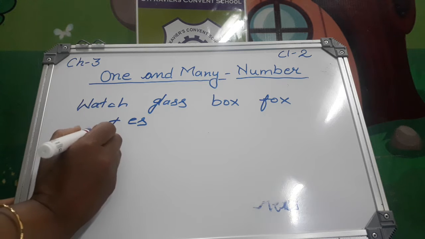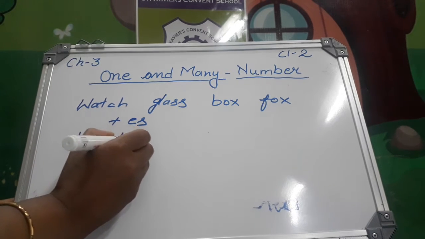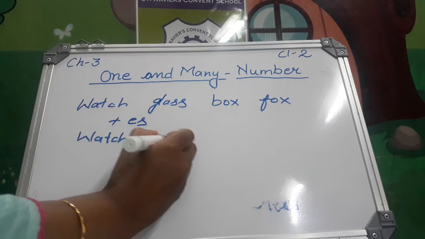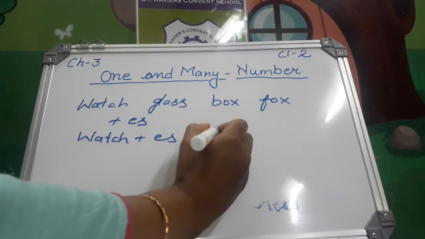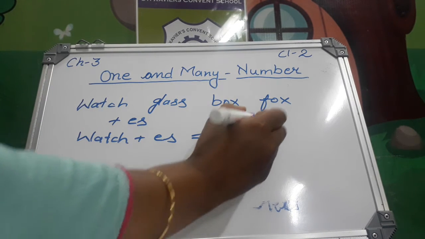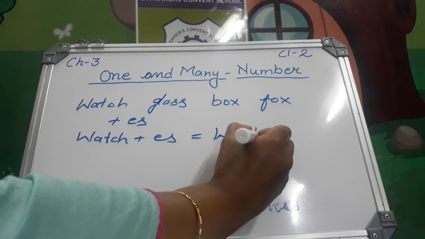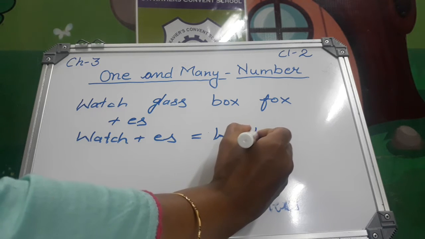For example, watch plus es. What will we write? Watches. That means there are a lot of watches, more than one. Watches.